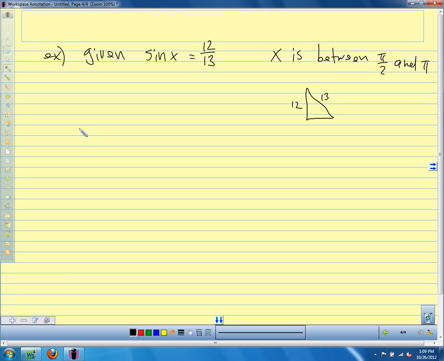Find sine 2x, cosine 2x, and tangent 2x.